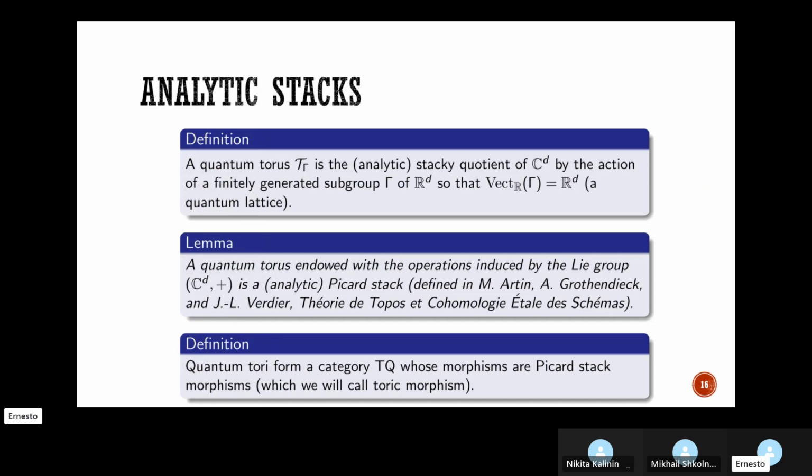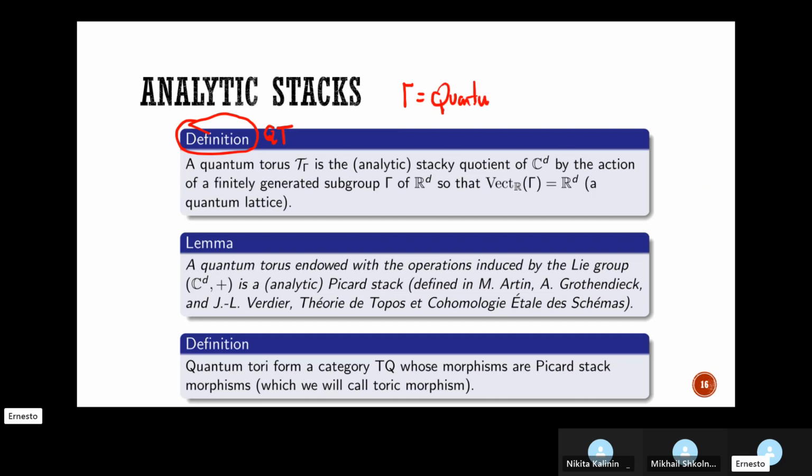So a definition of quantum torus is the analytic stack that is a quotient of C^D by the action of a finitely generated subgroup gamma of R^D. Such a finitely generated subgroup gamma we will call a quantum lattice.